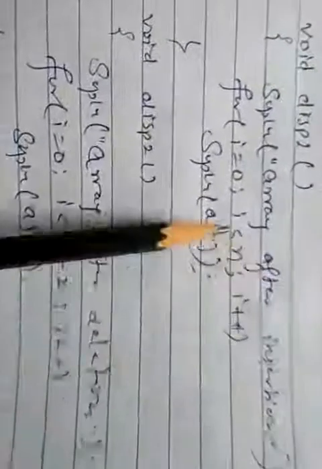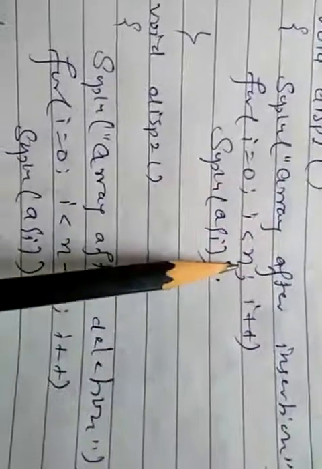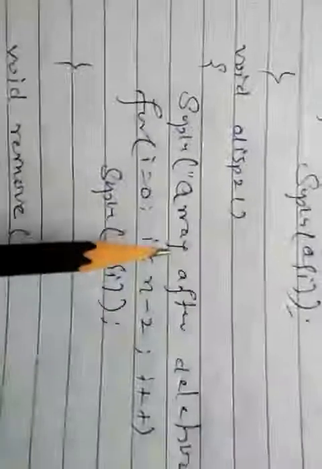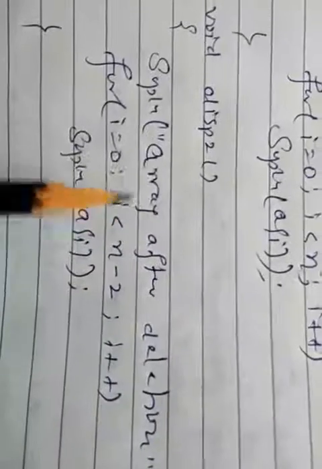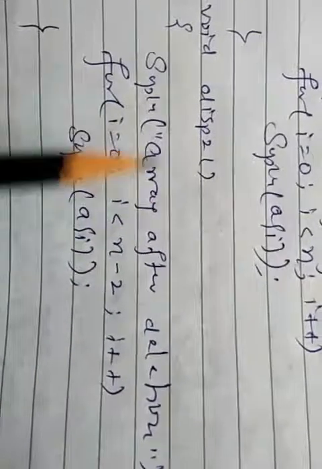And here we are displaying the array after insertion, so i equals 0, i less than n, i plus plus, System.out.println array of i.